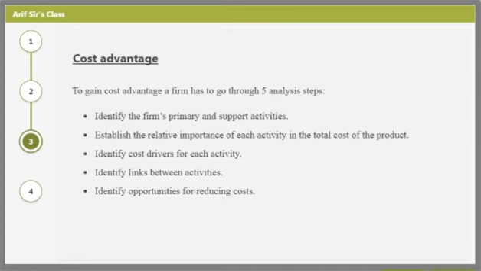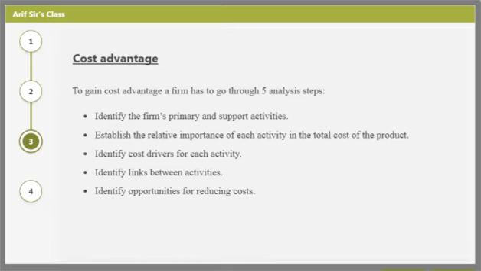In the second step, we divide the total cost of producing a product or service and then assign it to each of the activities which have already been identified in the first step.